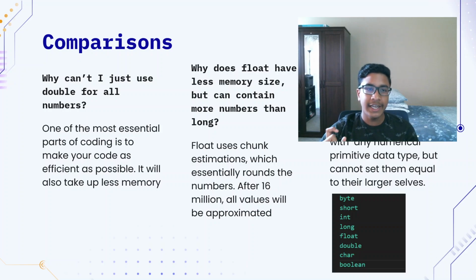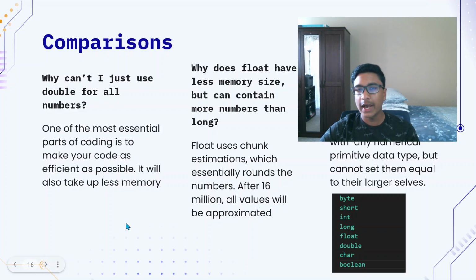So we use each individual type for each individual type of value we want to store. For example, if we only want to store numbers from 0 to 1, that means we'll use a byte because it takes the least amount of storage space. But if you want to store large numbers, then we have to use the larger ones. And we use double for decimal numbers.